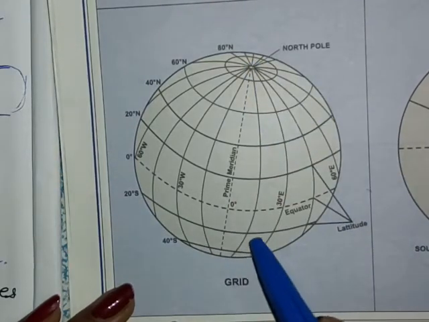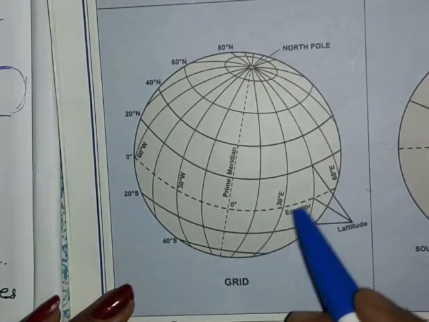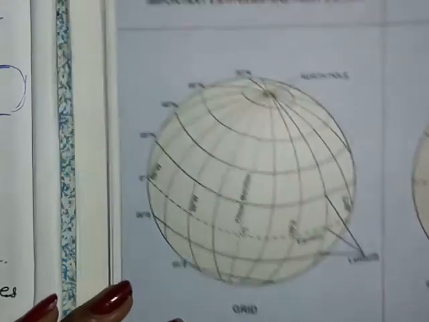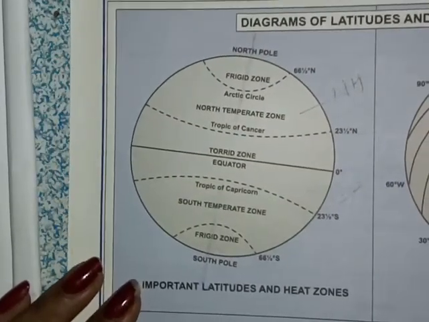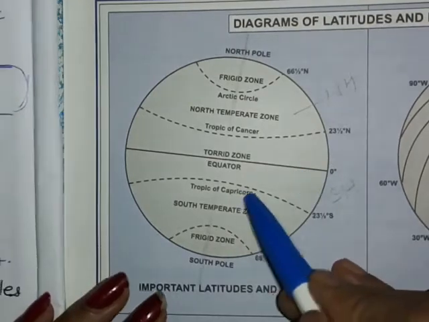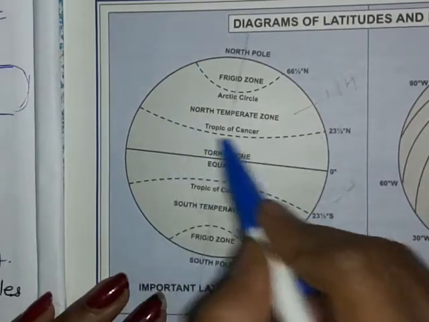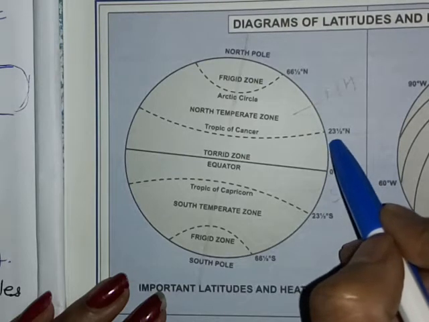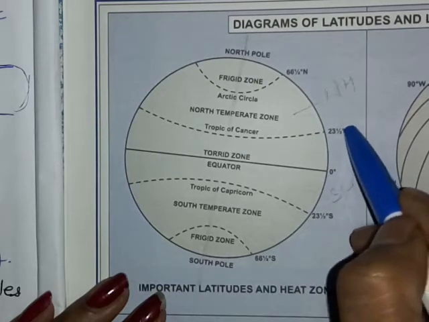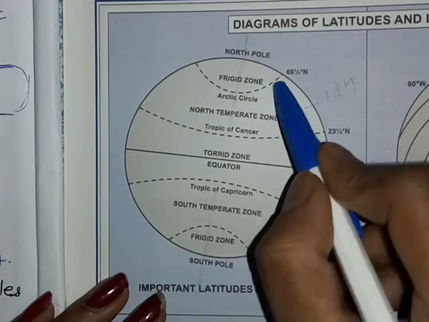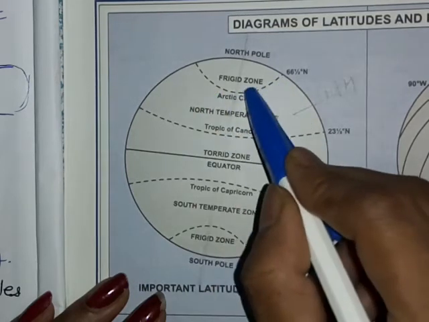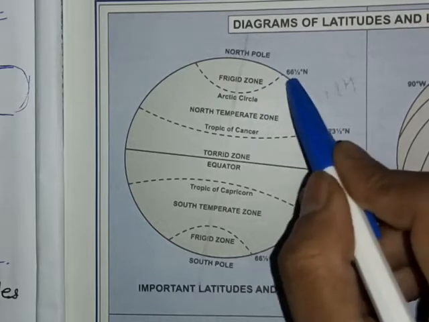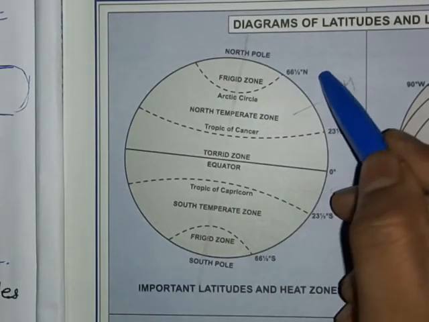Here we have given special names to some latitudes, like the equator. You know, the equator is the longest latitude, and then we have the Tropic of Cancer in the northern hemisphere. It lies at 23.5 degrees north. Then we also have the Arctic Circle. This is special, we have given a name to this latitude. It lies at 66.5 degrees north.